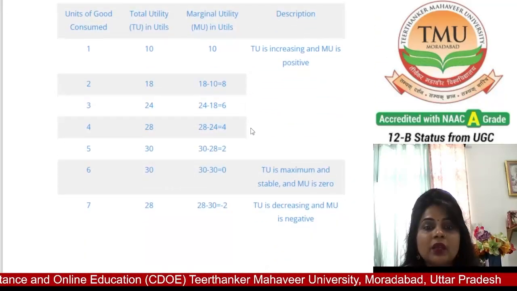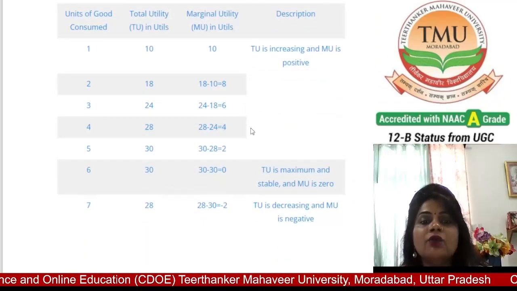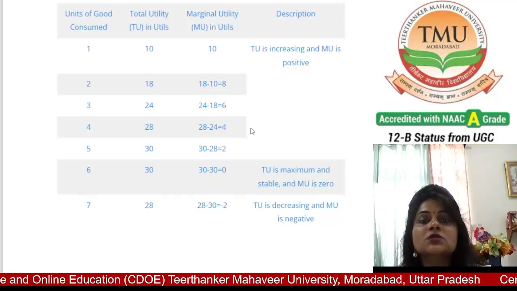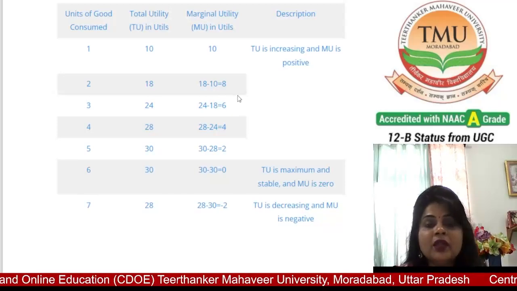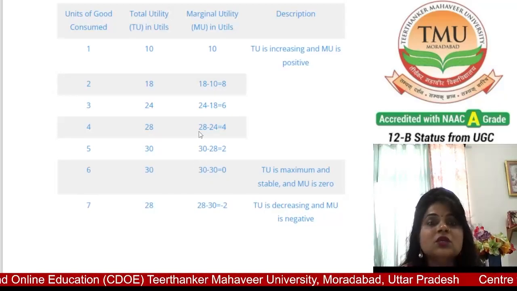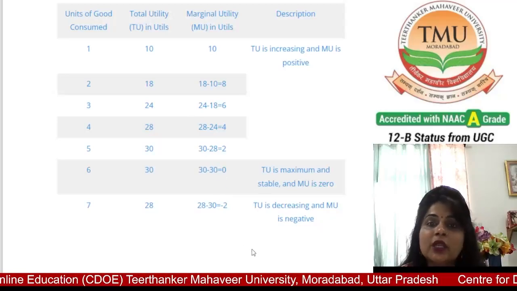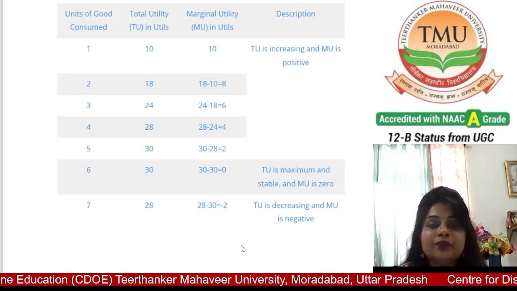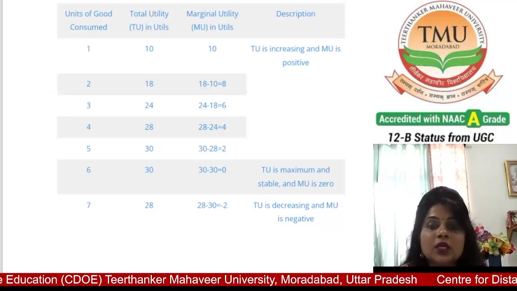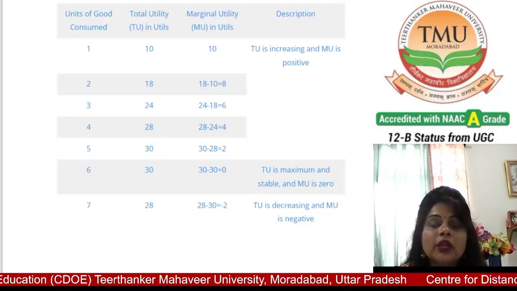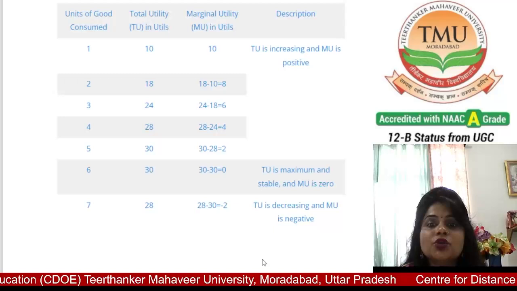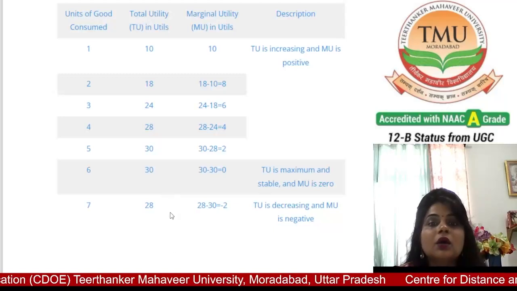In this table, there are units of goods consumed by the consumer. When the consumer consumed the first unit of the good, he gets total utility 10 and marginal utility 10. On the second unit consumed, the consumer gets total utility 18 and marginal utility 8.